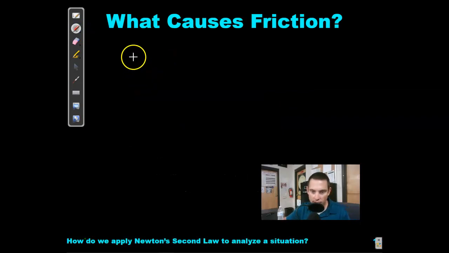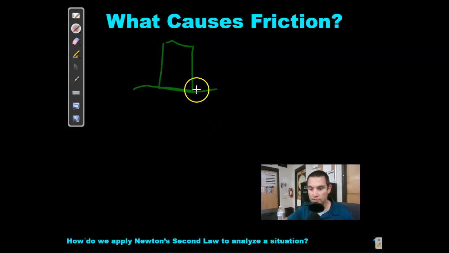All right, so if we think about this on a really small scale, let's say we have a box, and that box is on the ground. Nice flat ground. Please pretend it's flat ground. That way you don't get confused. All right, so nice flat ground.